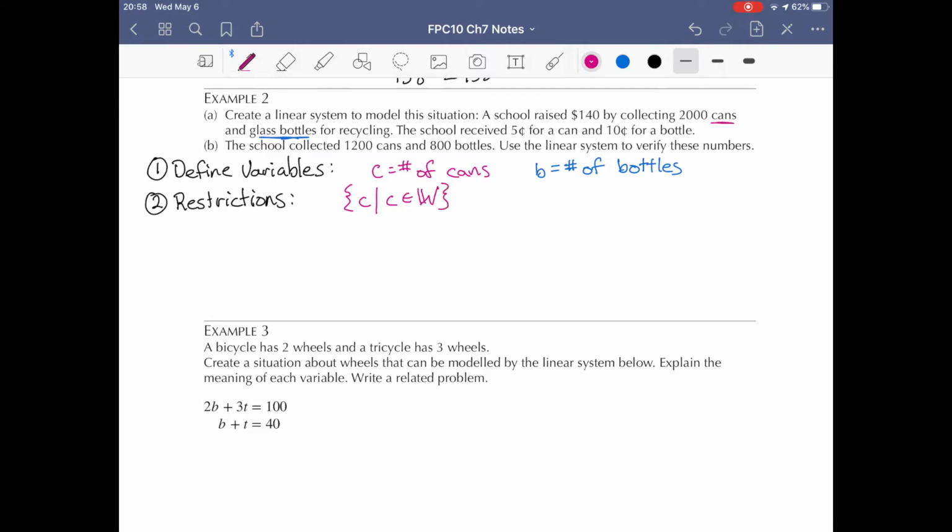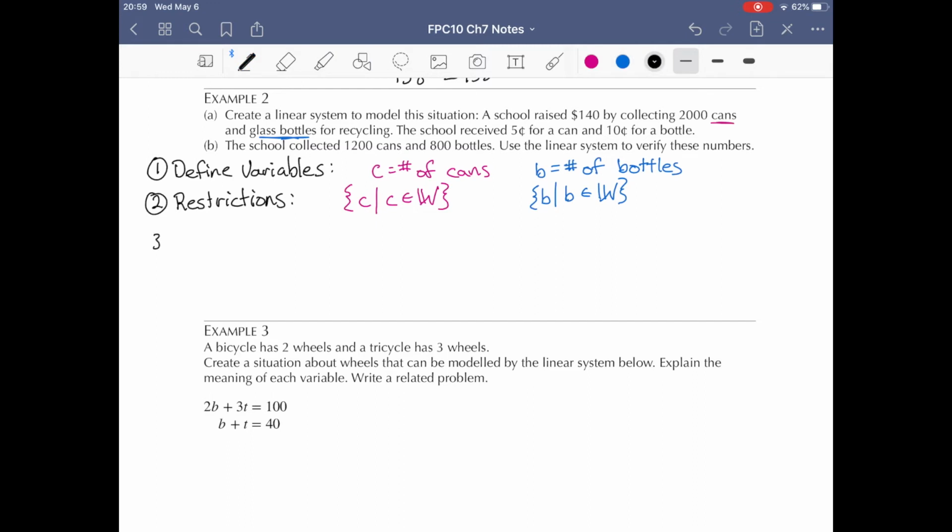So you have 0 cans, 1 can, 2 cans, 3 cans, 4 cans, 5 cans, and so on. Likewise, our bottles, we can't bring in partial bottles. We can't bring in decimals of bottles. We can't bring in negative bottles. We could bring in 0 bottles, but they have to be the whole numbers.